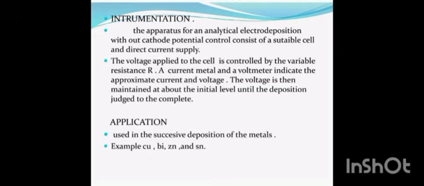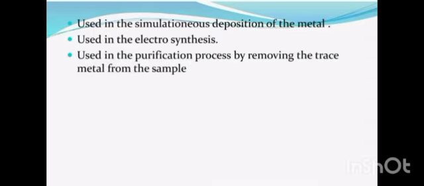Applications are those used in the successive deposition of metals, for example copper, bismuth, and strontium. It is also used in the simultaneous deposition of metals, in electrosynthesis, and in purification processes by removing trace metals from the sample.